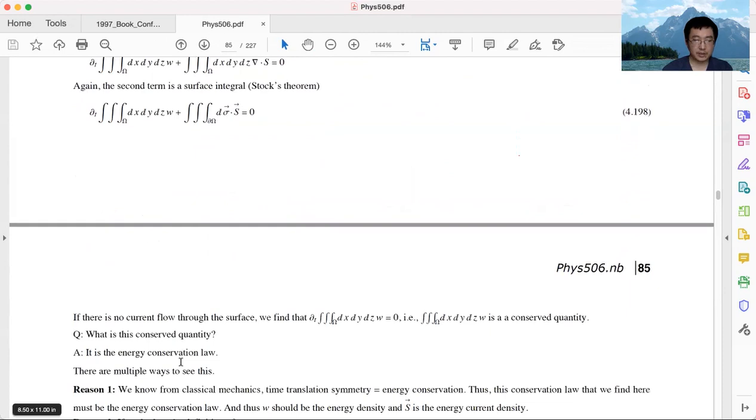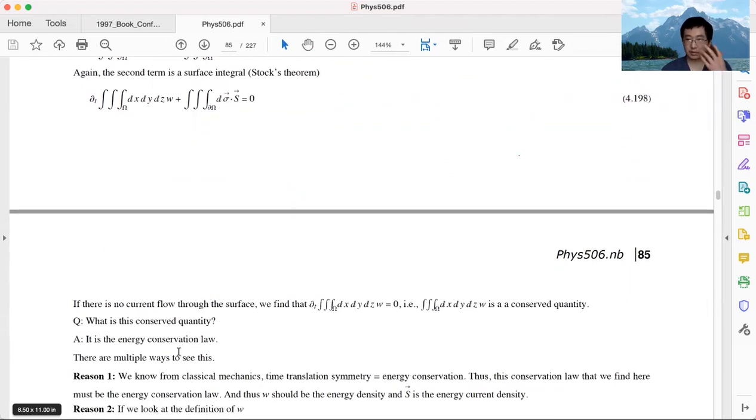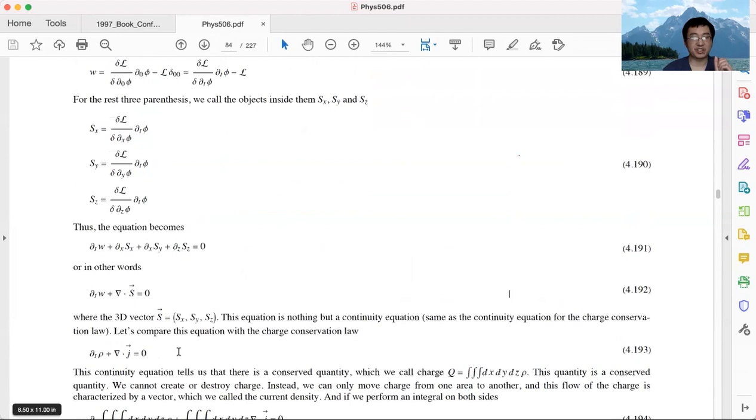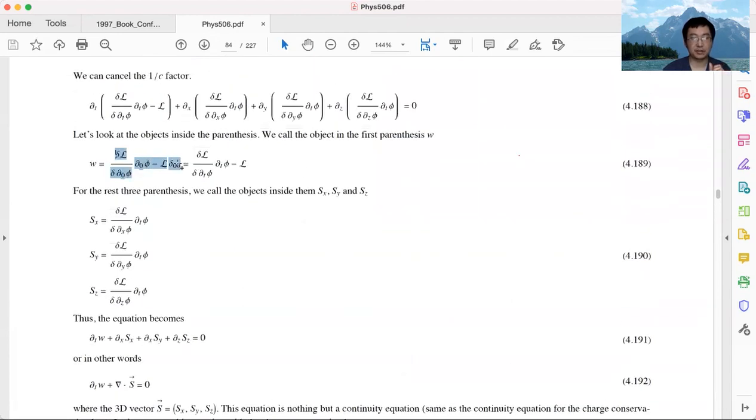So this technique does not only tell us that translational symmetry in time gives the energy conservation law. It also gives the specific definition of energy. We know that energy density must be this, which means as long as we know the action or the Lagrangian density, we can immediately use this formula to write down what energy is.